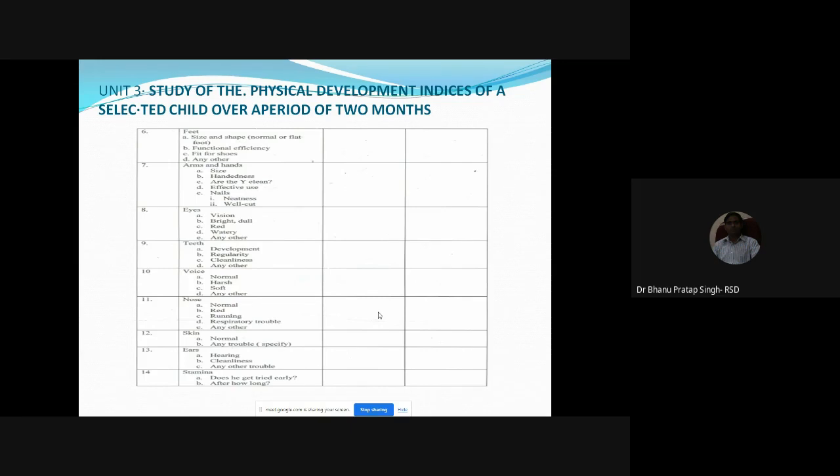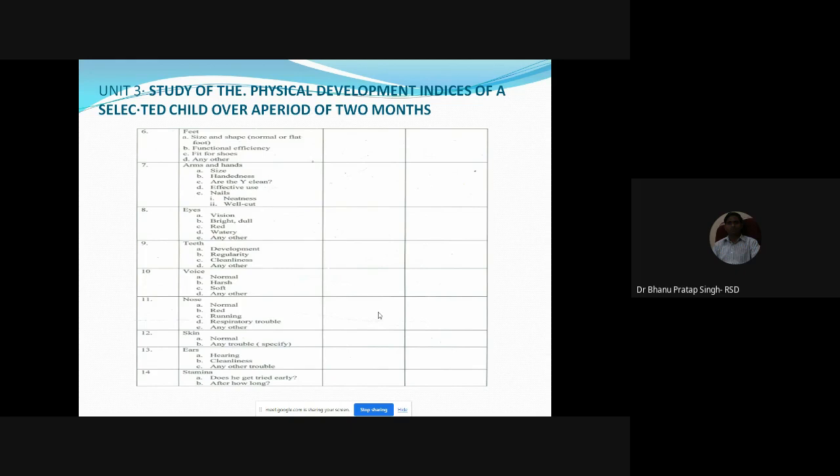Voice, whether the voice of the child is normal, harsh, soft or any other, whatever you have observed. Nose, normal, red, running, means if you find the nose is red or running, then definitely you have to write your opinion, that the child may be suffering from some cold or infection.